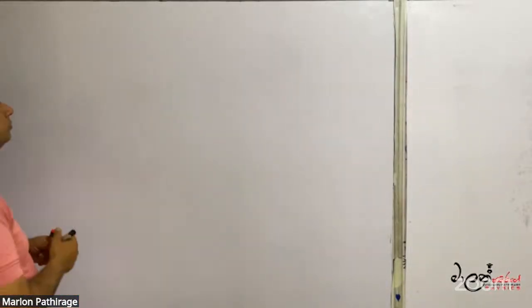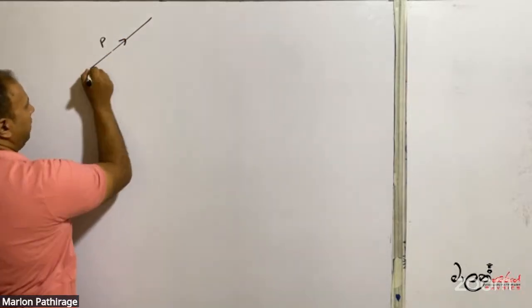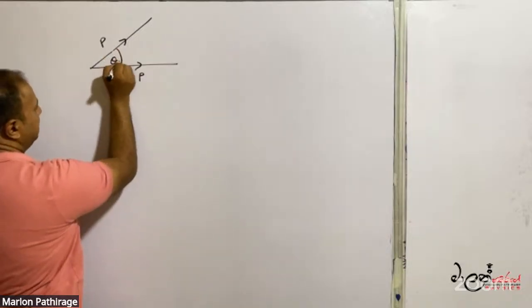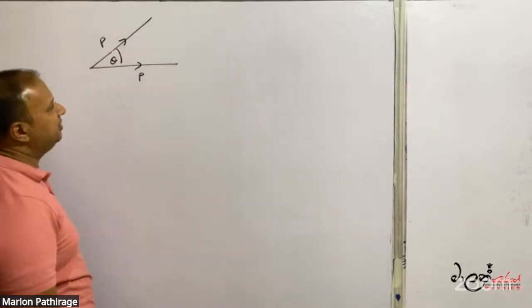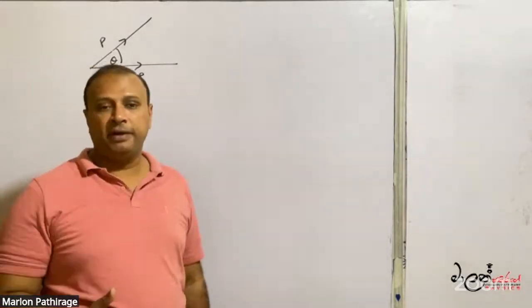Now, here P, this one also P, and this angle is theta. If you complete this parallelogram, it will be a rhombus.